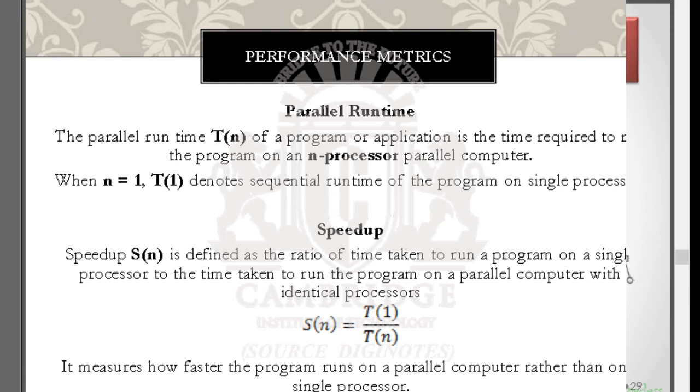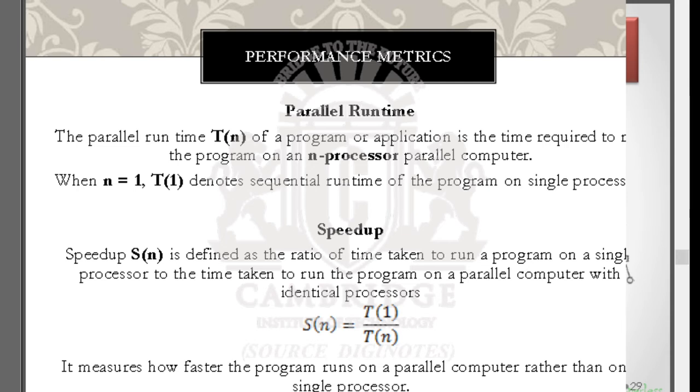Then we have parallel runtime. The parallel runtime given by T of n of a program or application is the time required to calculate the program on an n processor parallel computer. When n equal to 1, T of 1 denotes sequential runtime of the program on a single processor.